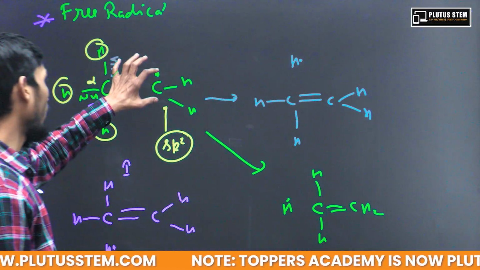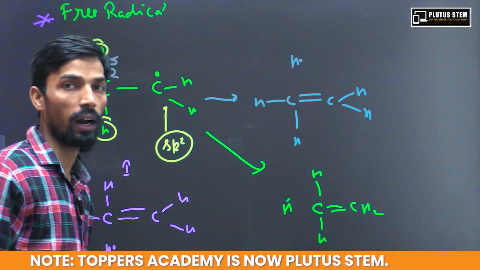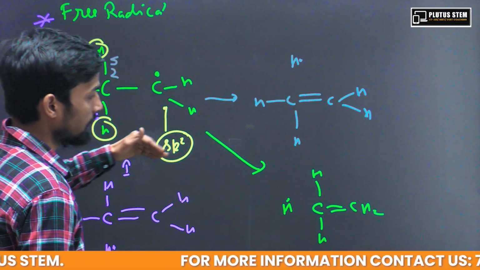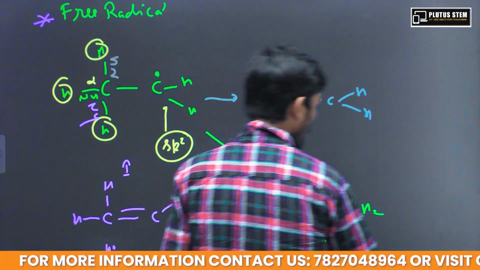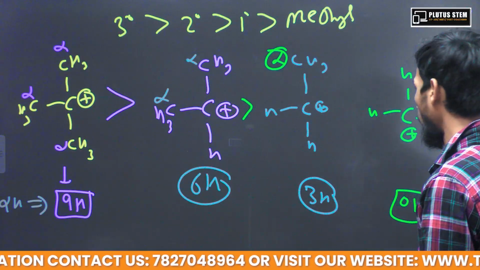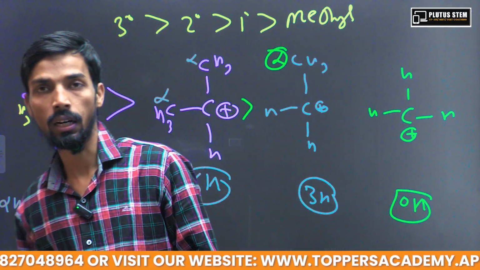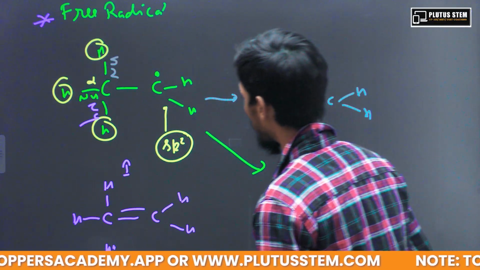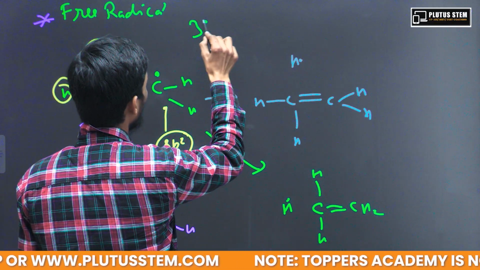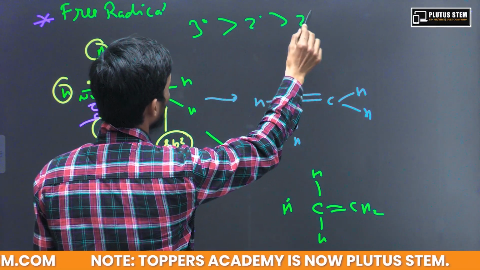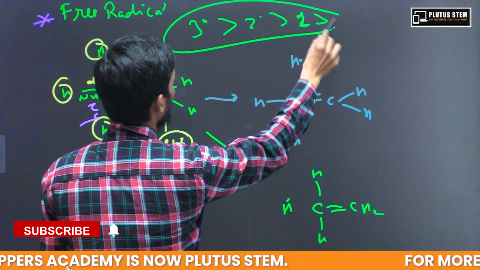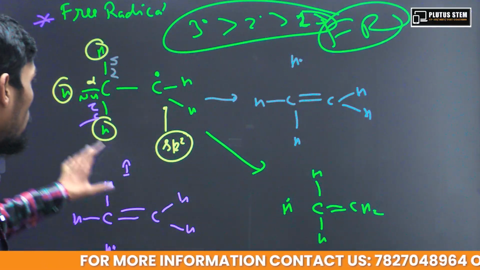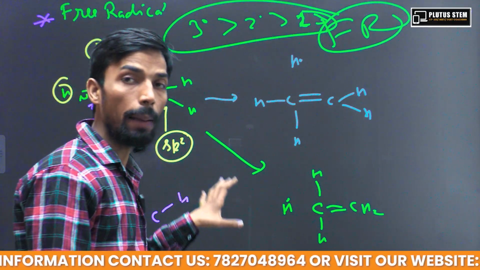So you can see this free radical is being stabilized by these 3 alpha hydrogen. These alpha hydrogen are also stabilizing this free radical in the same way I have explained for this carbocation. The same reason we can see over here, that these free radicals are also stabilized by this hyperconjugation phenomenon, and 3-degree is more stable than 2-degree than 1-degree for the free radical also. The reason is quite the same over here also, this hyperconjugation.